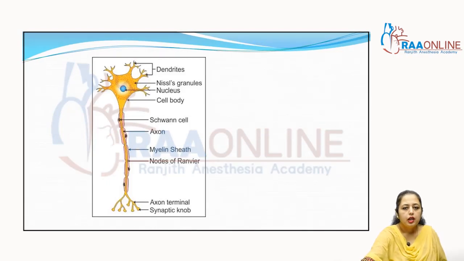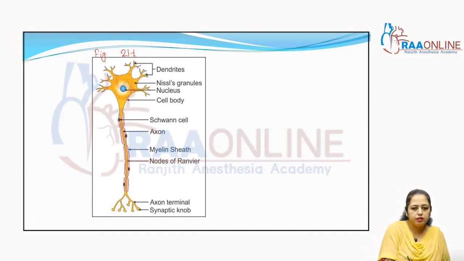Clear? And that diagram is given on page number 317, Figure number 21.1. So basically that is the structure of the neuron.